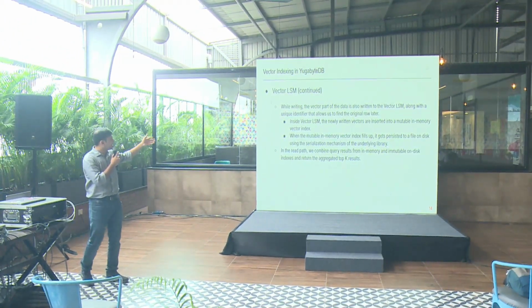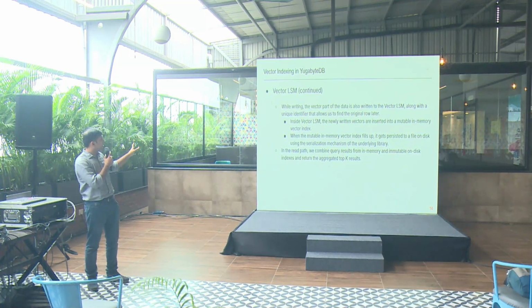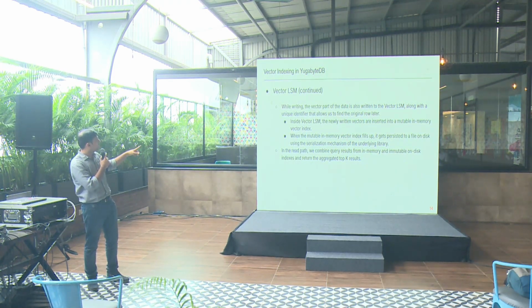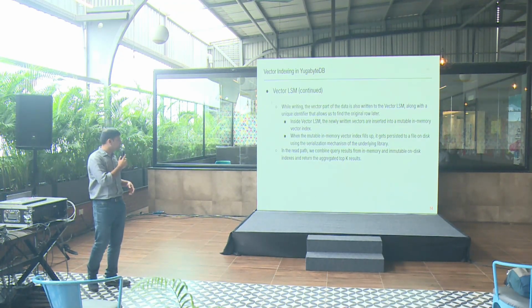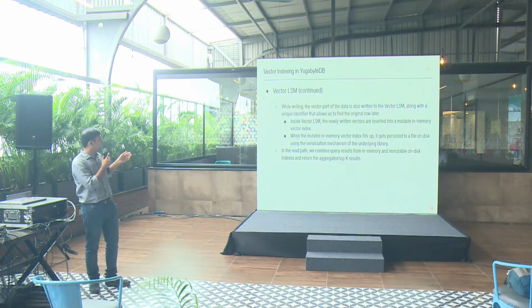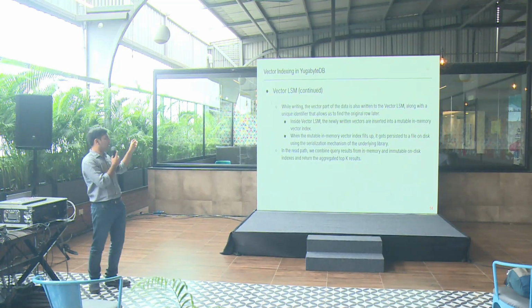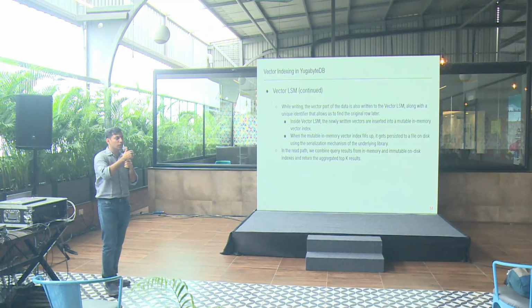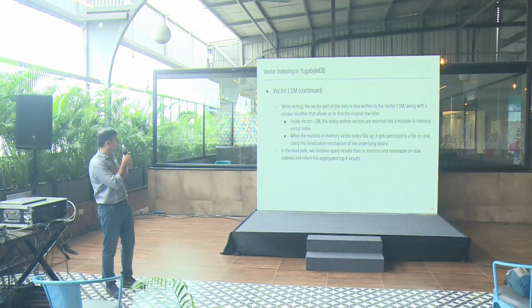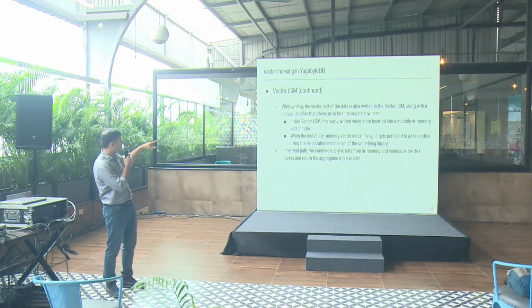Essentially, this slide is just about what we just discussed. For the writes, the vector part of the data is written to what we call the abstraction vector LSM. We also write a unique identifier that helps us find the original row when required later.